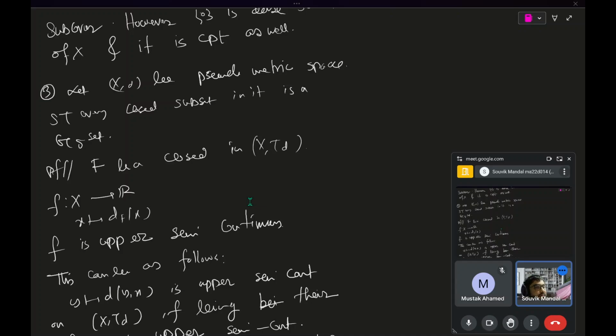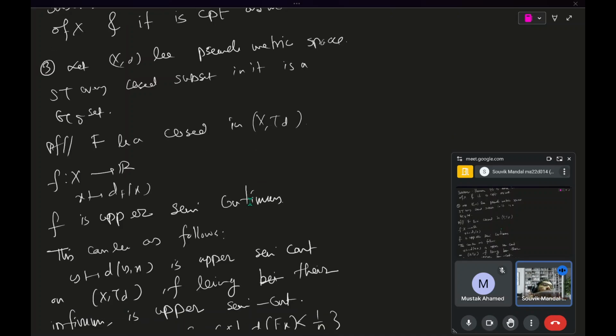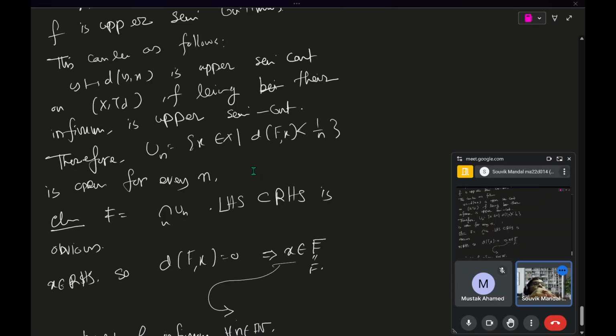Suppose F is a closed set in (X, tau) and define the function x goes to d of x comma F. Then this is upper semicontinuous, being the infimum.